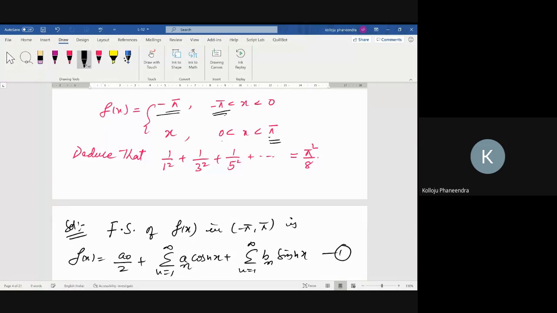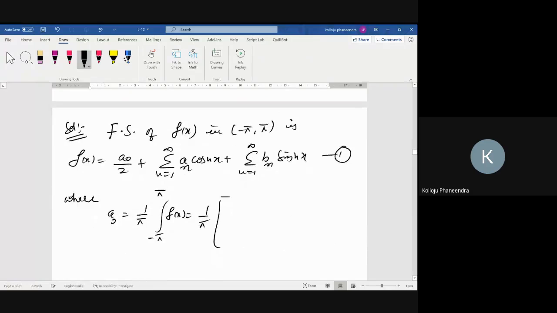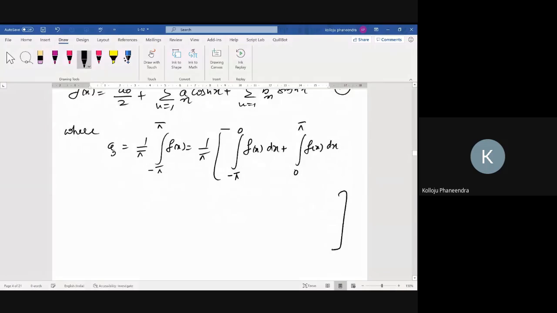In 0 to pi, the function value is x. So let me split this minus pi to pi into two parts, minus pi to 0 f(x) dx and 0 to pi f(x) dx. This is the idea when the function is defined in two intervals.